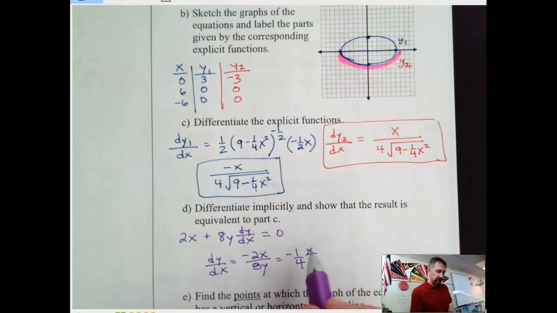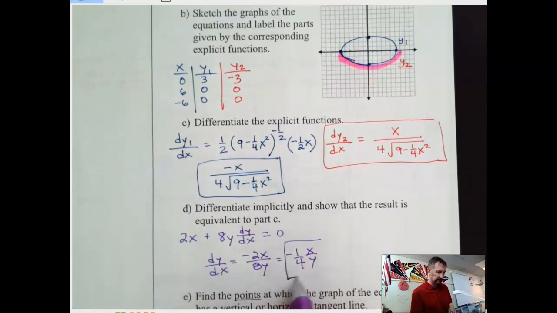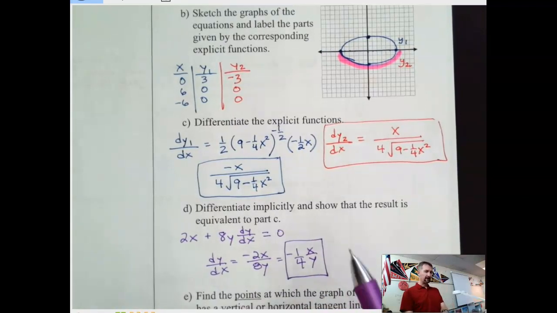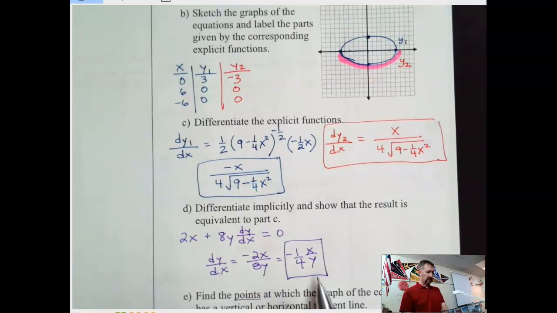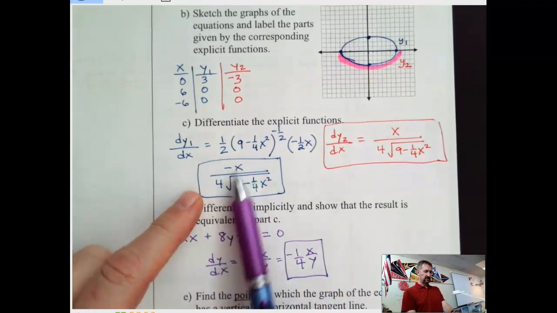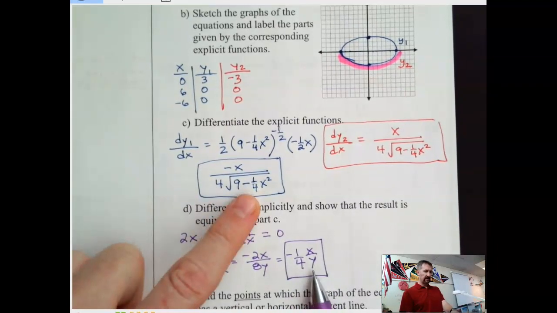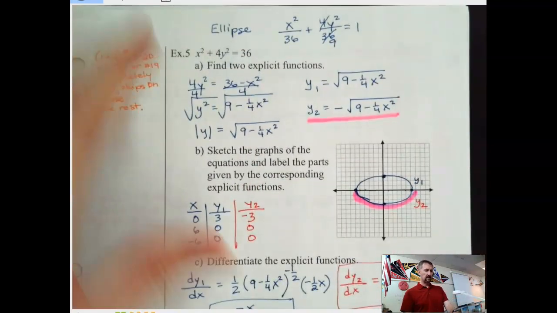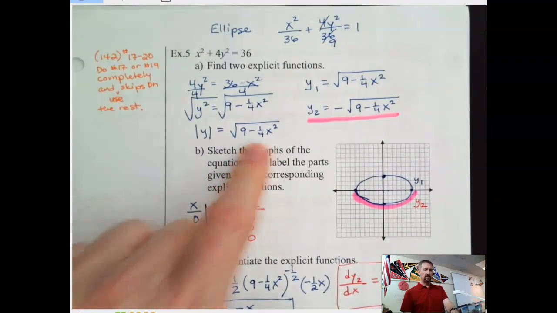Now, if you look at this up here, there's the negative x, and there's the 4, so that's all the same. So then we have y equals this. Now if you go back up here, that's what y equals.